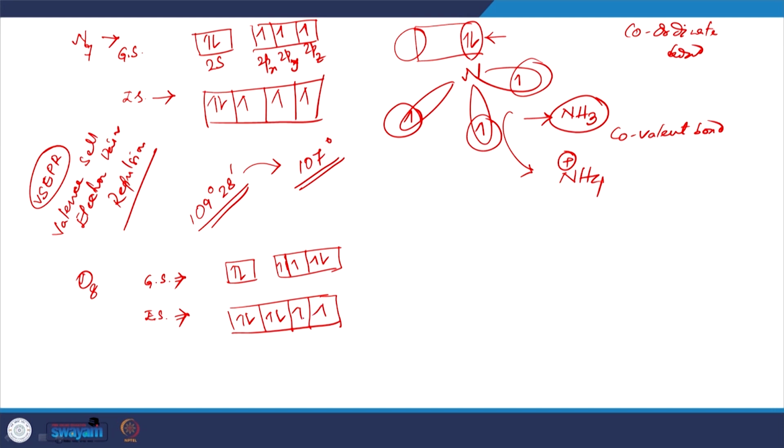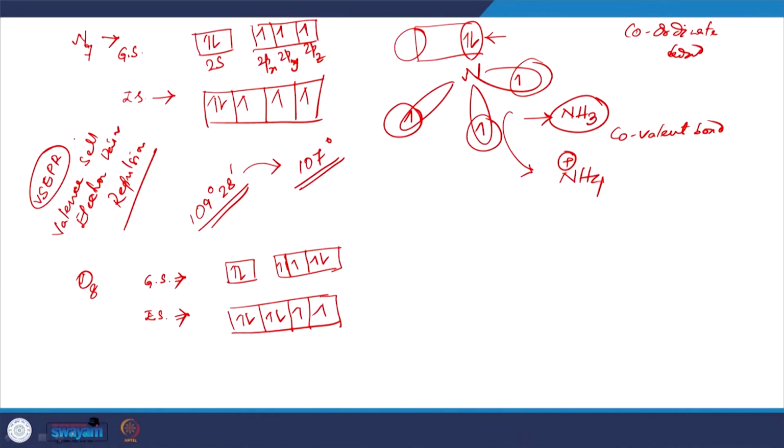So, how does it affect? Basically you know the hydride of oxygen is water, right? But as I told you, I made a carbon equivalent model of oxygen where you could see that there are 2 lone pairs and 2 hydrogens. Now, what will happen? You already know, according to VSEPR, the repulsion would be more, and from 109 degree 28 minutes, the angle reduced to 107 degree, it would be further reduced to 104 degree 50 minutes.